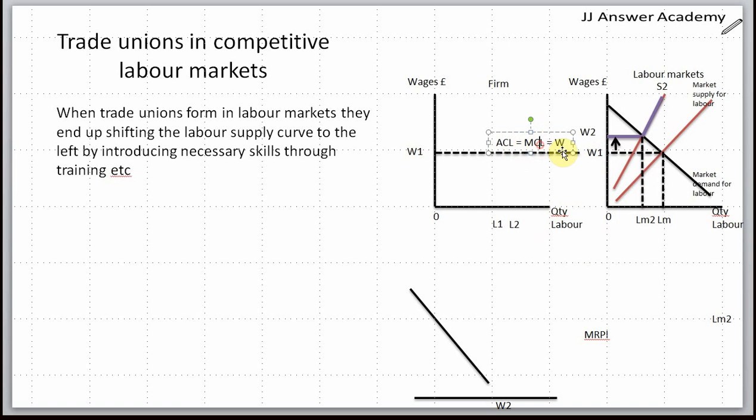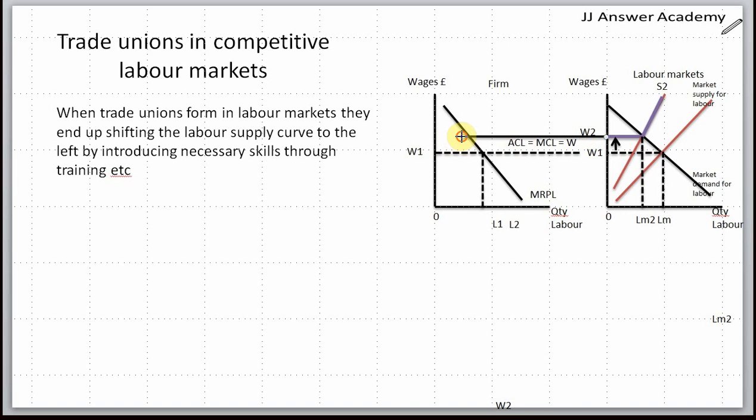And the firm would recruit workers where MCL is equal to MRPL, which is the firm's demand curve for labor. But now, because we've introduced the trade union, the wages have gone up from W1 to W2.